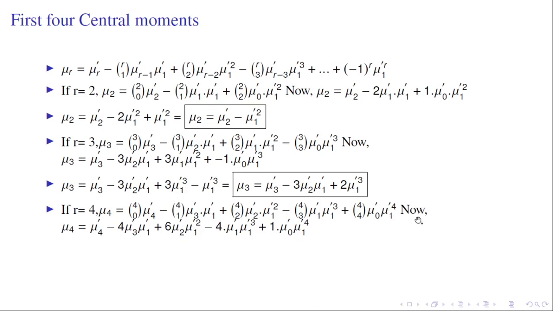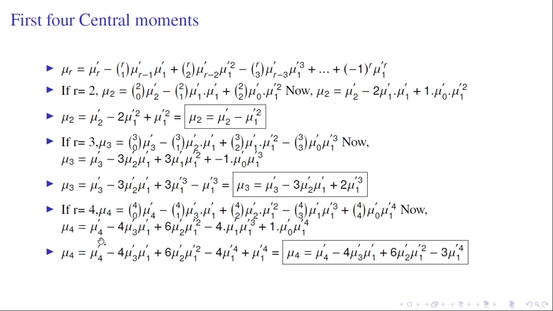Here, 4c0 is 1, mu 4 dash; 4c1 is 4, mu 3 dash mu 1 dash; plus 4c2 is 6, mu 2 dash and mu 1 dash whole square; minus 4c3 is 4, mu 1 dash and mu 1 dash whole cube; plus 4c4 is 1, mu 0 dash, mu 1 dash whole power 4.